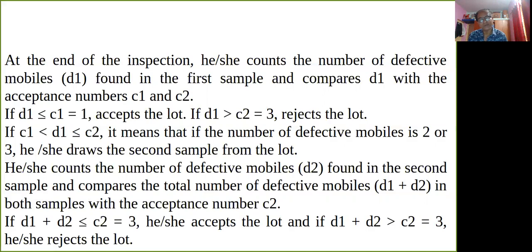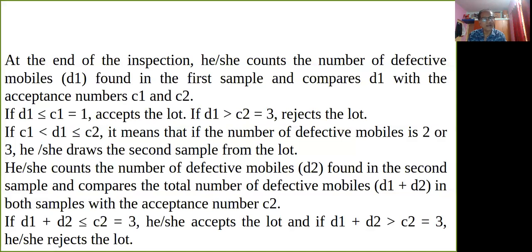Once again we compare with C2: if D1 is greater than C2, where C2 equals 3, then reject the lot. So it means you need to compare the D1 value with C1 and C2 here.